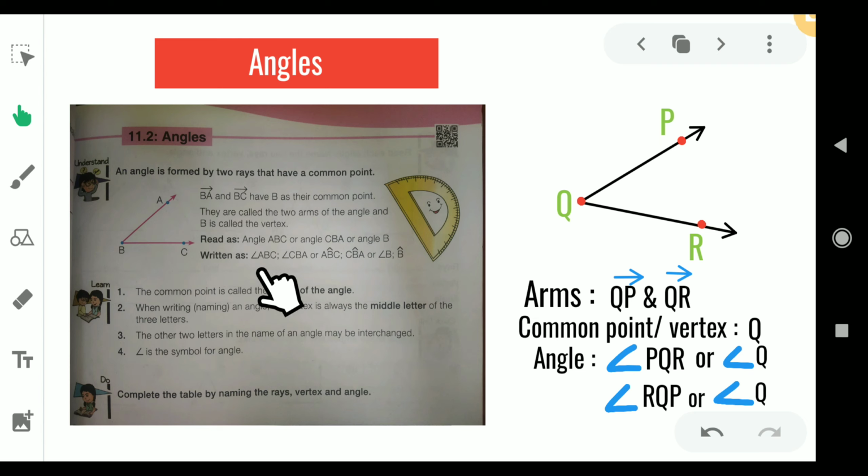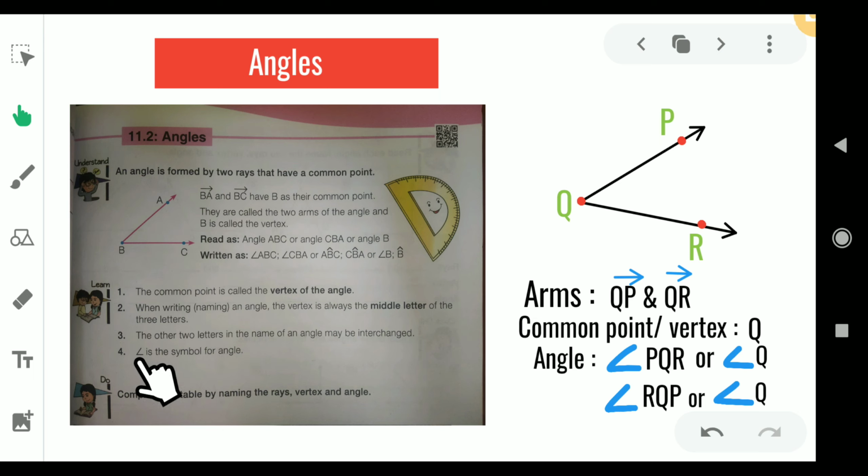Next point, the other 2 letters in the name of an angle may be interchanged. You can clearly observe that B is constant here, but the positions of A and C have been interchanged, meaning exchanged.